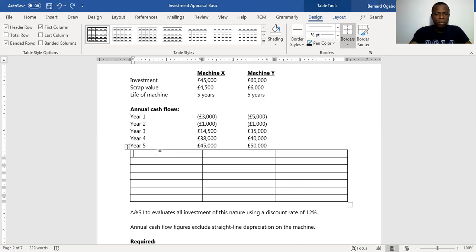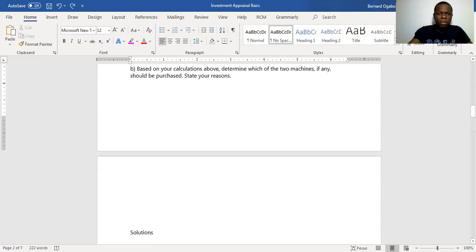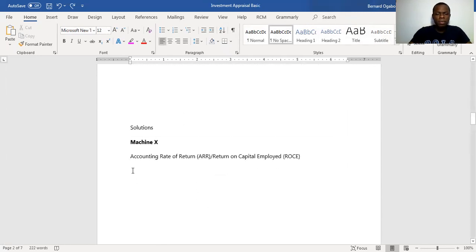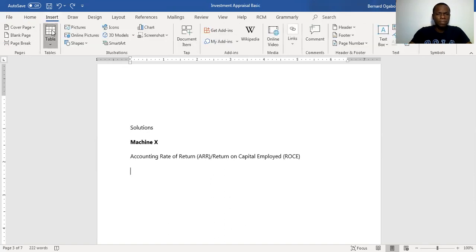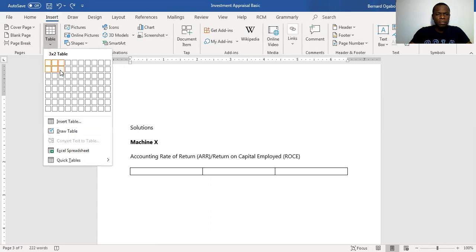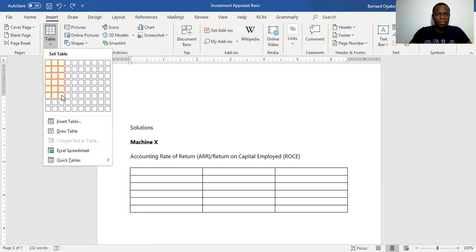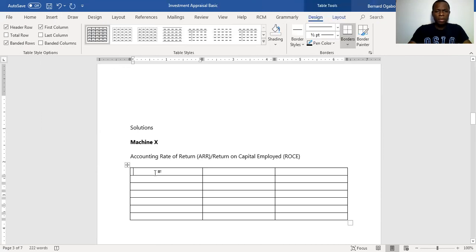I should insert it here where the solution is. So I have years, I have cash flows, I have profit. There's something I'm doing here for accounting rate of return.